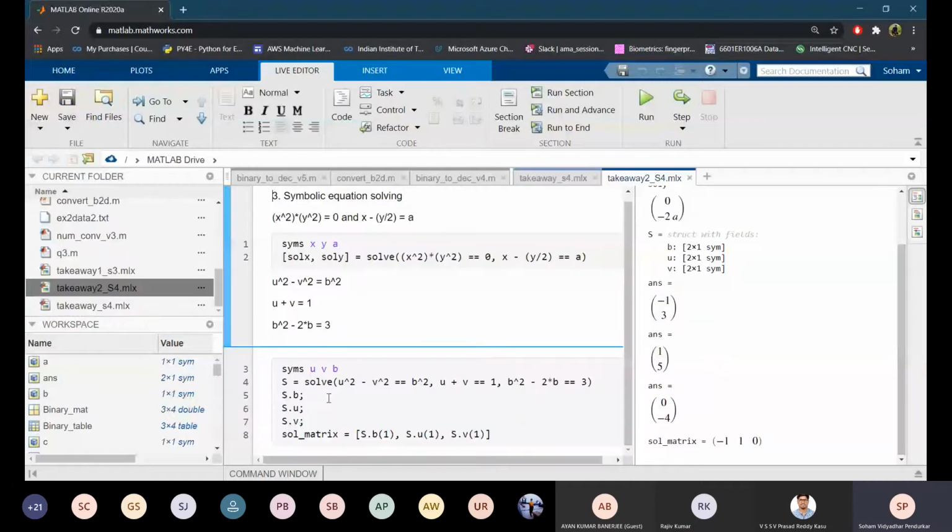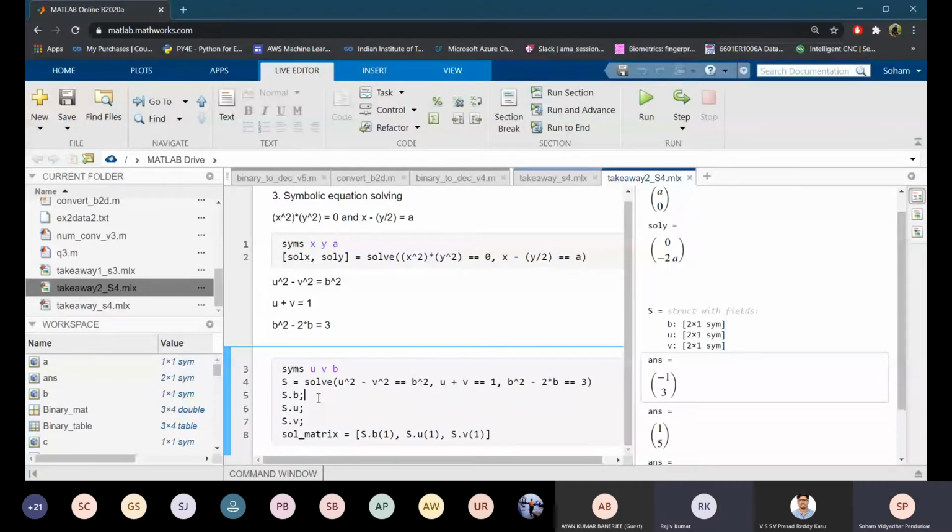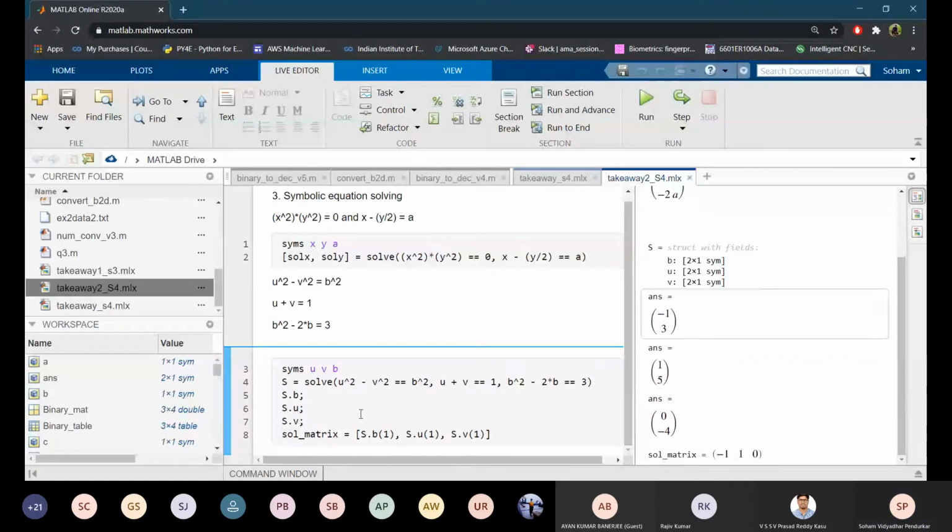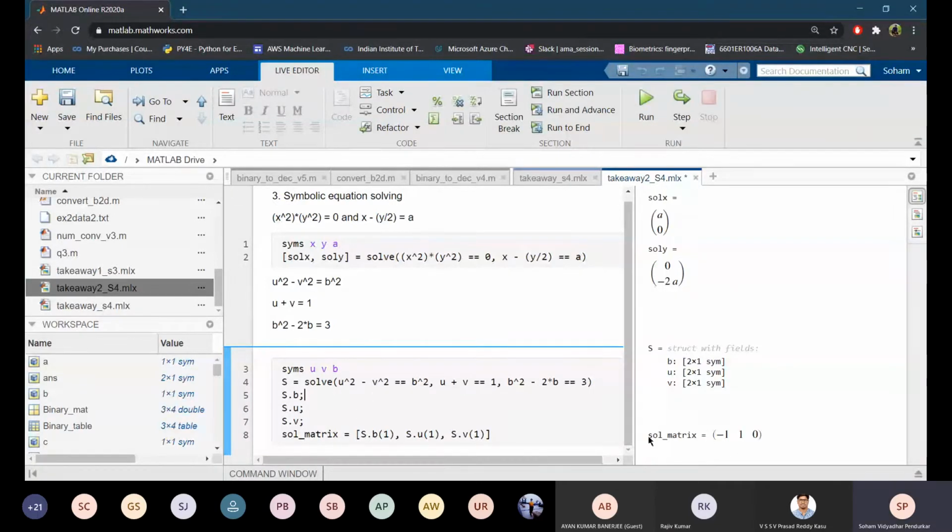Which lines, 5, 6, and 7? So I just commented them, no? Sorry, I put a semicolon there, so that is why the output is suppressed. See, now it is only showing the solution matrix. Okay. Anything else? Okay, so we'll move on now.